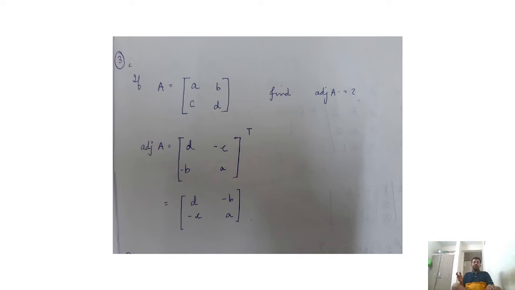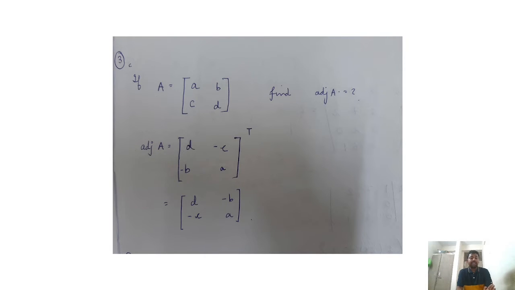Now to get the component a12 in the adjoint of A, you close the first row in A and the second column in A. So what is left with us is c. Now similarly, to get the component a21 in the adjoint of A, you close the first row of A and close the second.